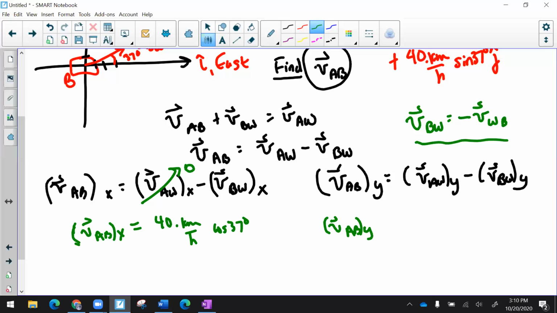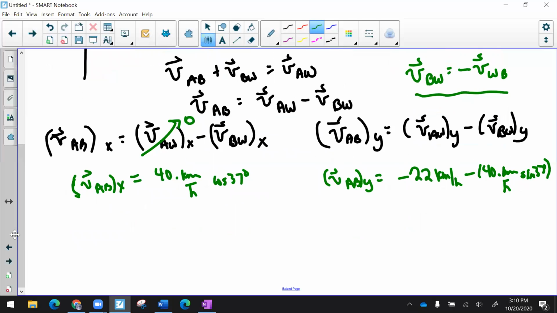And VABY, if I just substitute everything in, gives me what I believe this is negative 22 kilometers per hour minus 40 kilometers per hour times sine 37 degrees. Yes?